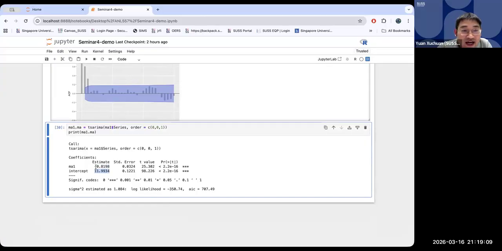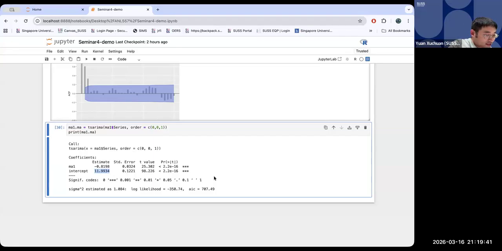And so you can write down, maybe if you use Yt, right, Yt will equal to 11.9934 minus negative 0.8198 epsilon t minus 1. Of course, you also need to have epsilon t. Okay, so this is your fitted model.